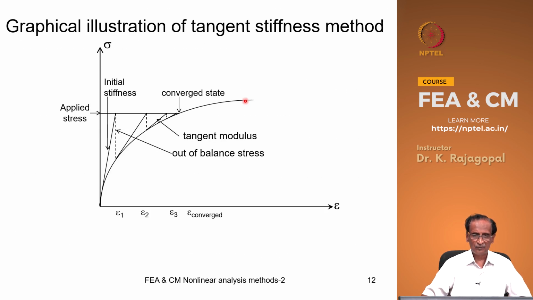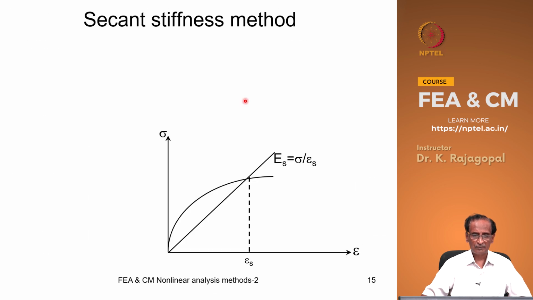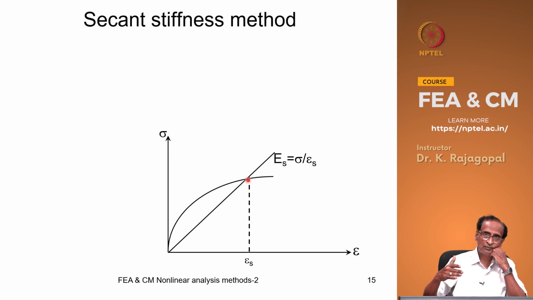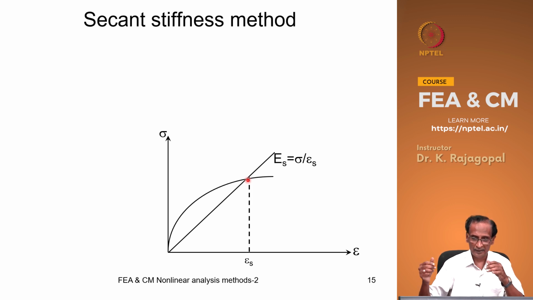In that case we can go in for the secant stiffness method, where the secant stiffness is the stress divided by the corresponding strain, and in this case our secant stiffness will always be positive, and it goes on reducing, because as your strain is increasing, stress will reach some peak value, and the rate of increase of stress may be lower compared to the rate of increase of the strain.